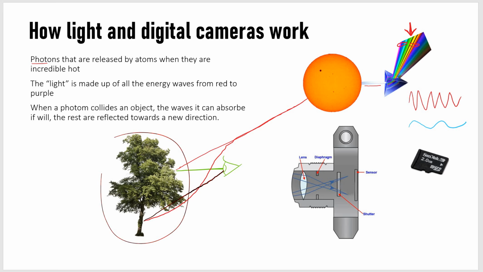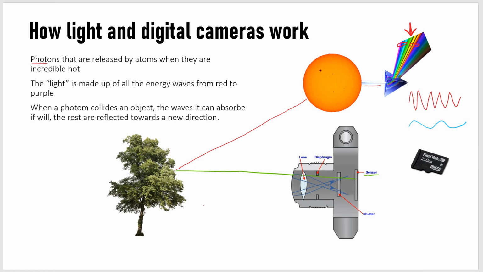Now, to use the same example but with a digital camera, I'm just going to use my red pen here. As the light is reflected from the object, it enters the lens of the camera and is picked up by a sensor at the back of the digital camera.